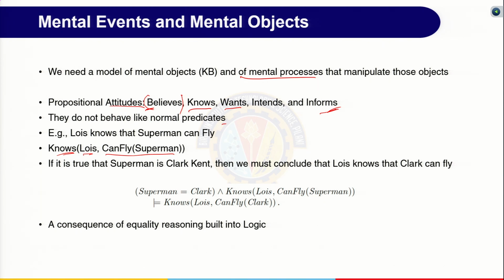But if it is true that Superman is Clark Kent, and this is known to everyone, then we must conclude that Lois knows that Clark can fly, because Lois knows that Superman can fly, and we have information that Superman is Clark Kent. So we should say that Lois knows that Clark can fly. This deduction or reasoning is a consequence of equality that we have in logic as well.